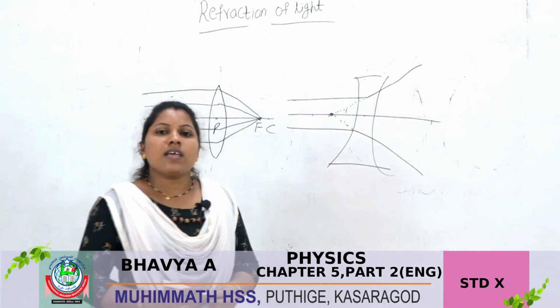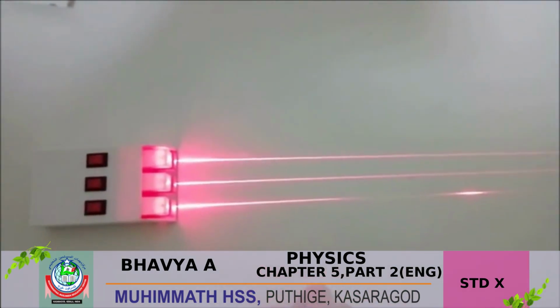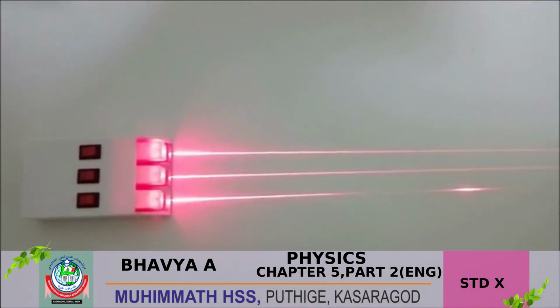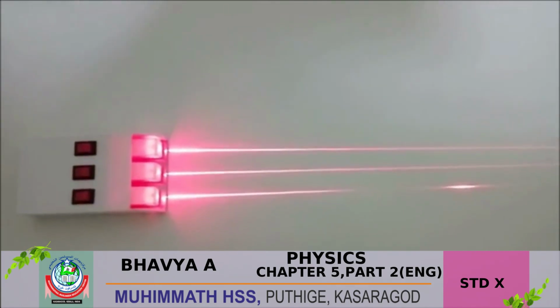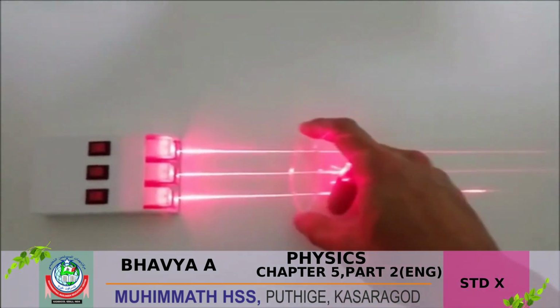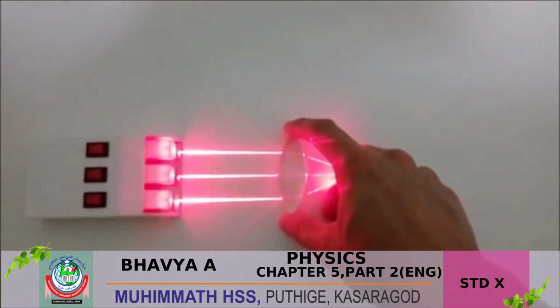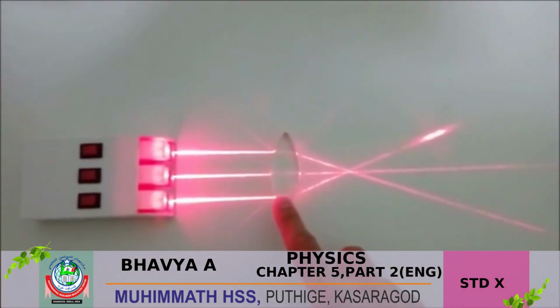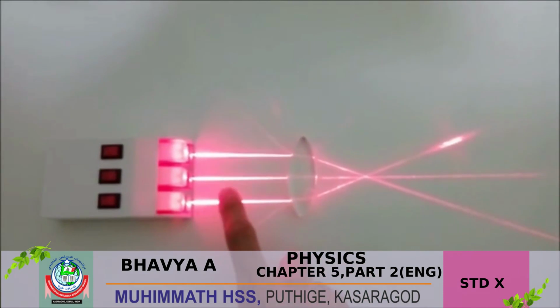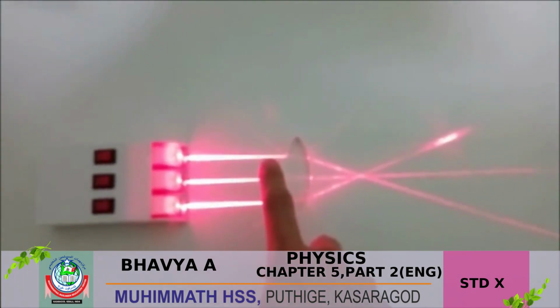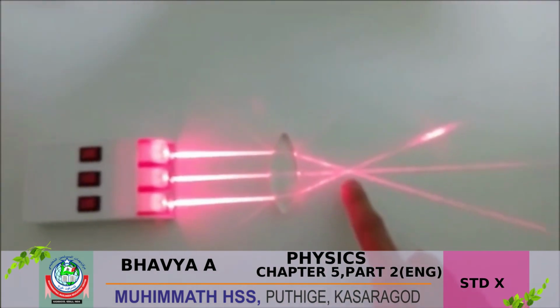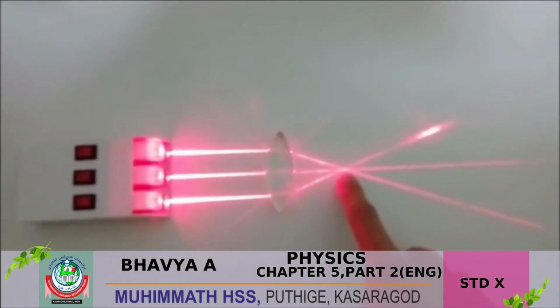Next, some rules. This setup will help us to investigate the behavior of light as they pass through a thin converging lens. So I have a parallel beam of light here. When I place a thin converging lens here, the ray that is parallel to the principal axis will bend and cut the focal point.